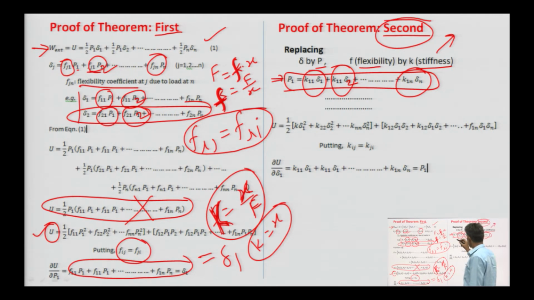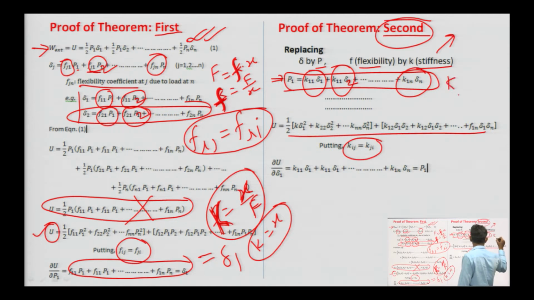So, put this value of P 1 in equation number 1, and we will have this kind of equation by equating k i j equal to k j i, which I will explain in Maxwell's reciprocal theorem.